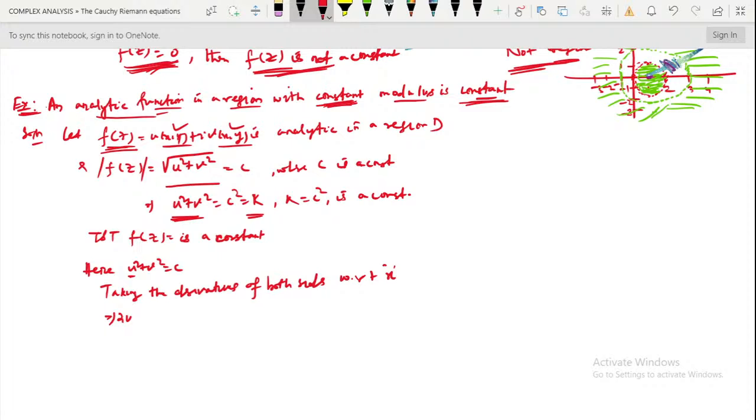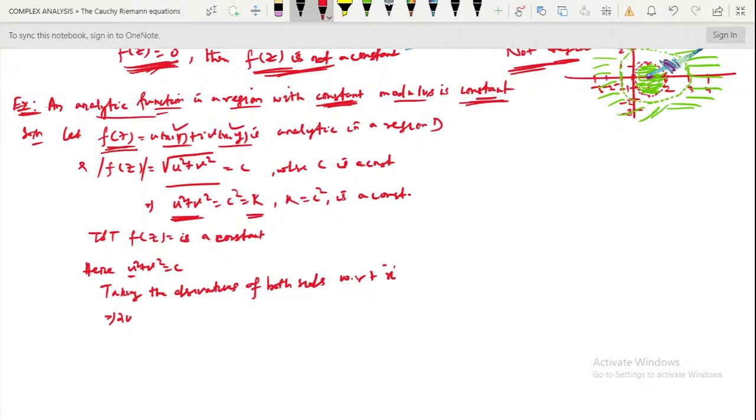So all these terms will be in ux and uy. Similarly, if I apply the CR equations here, whatever the v, I will replace by u, only its derivative. So in place of vy, I will write ux, so that all the terms are in ux and uy form.